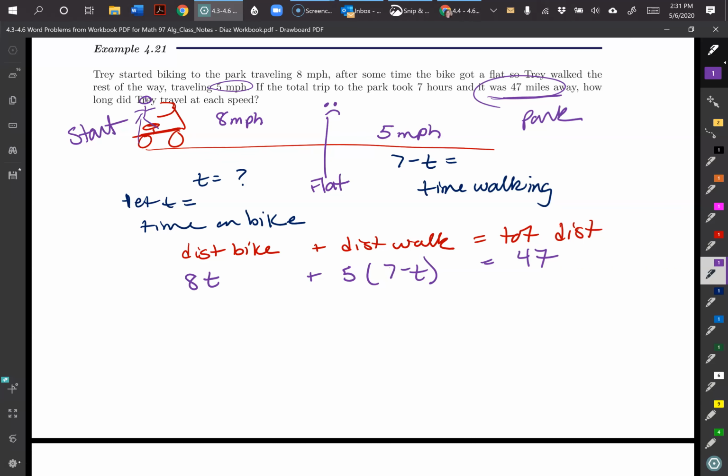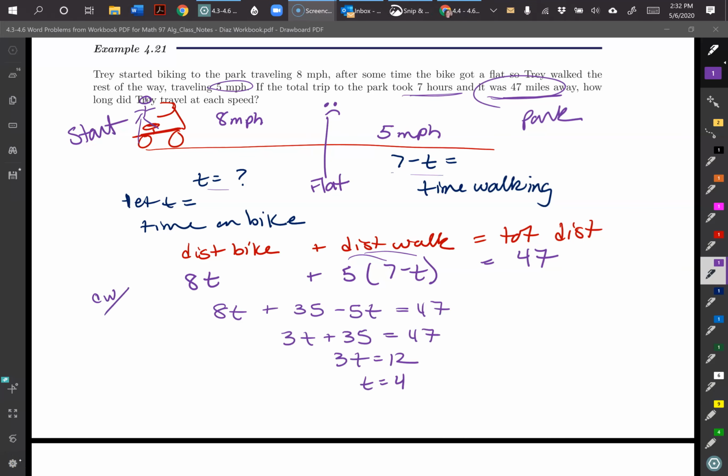You do have to adjust for that because a piece of the time was spent on the bike, and then a different amount of time was spent walking. So be careful not to just put t for both of those. And then you're going to distribute and solve. So go ahead and finish that one out.